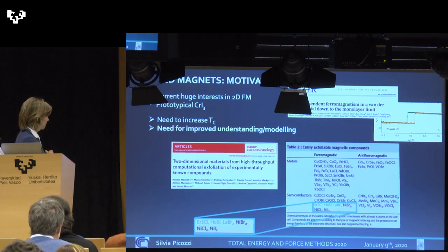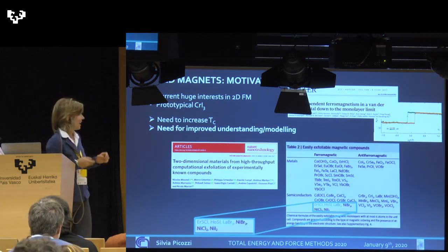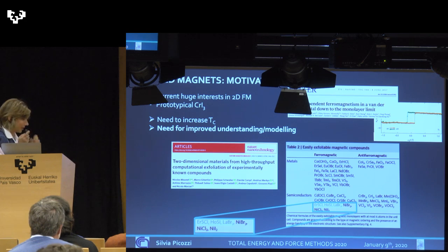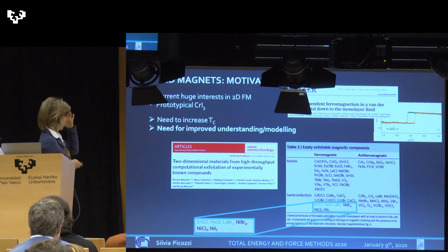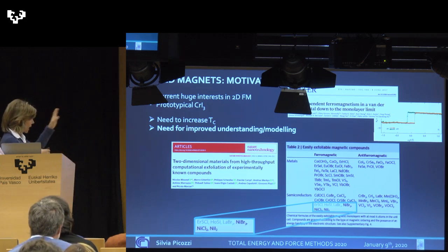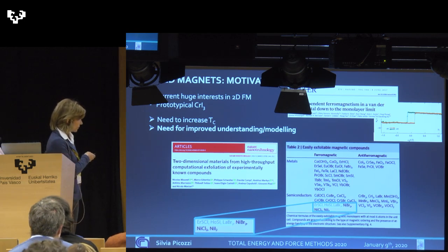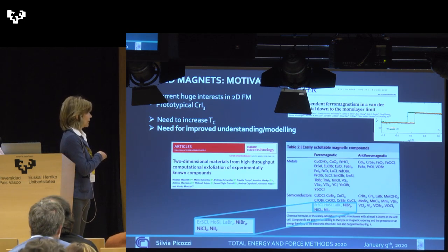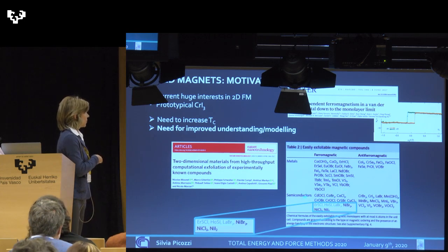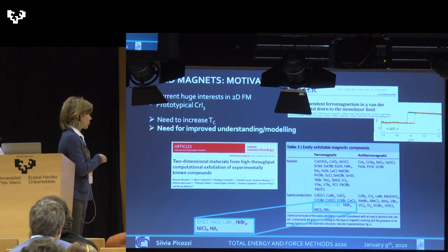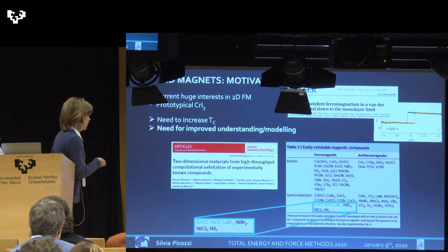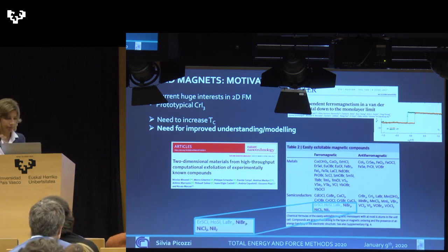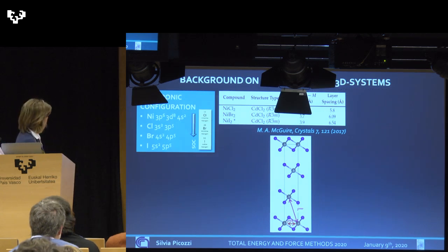So we started from a database in the group of Nicola Marzari and his collaborators. They showed that there are several magnetic compounds. We wanted ferromagnetic semiconductors, so we focused on this region. Specifically, we focused on the nickel halides: nickel chloride, nickel bromide, and nickel iodide.